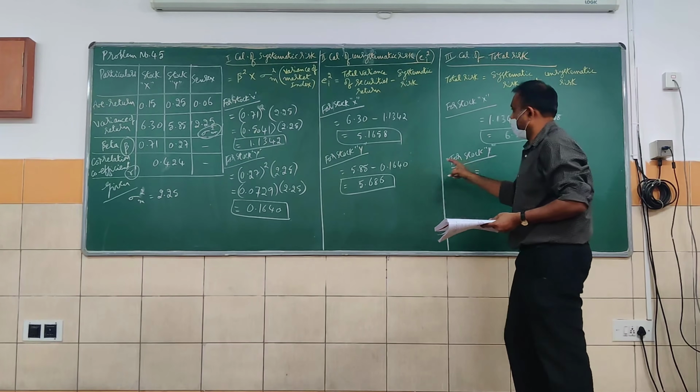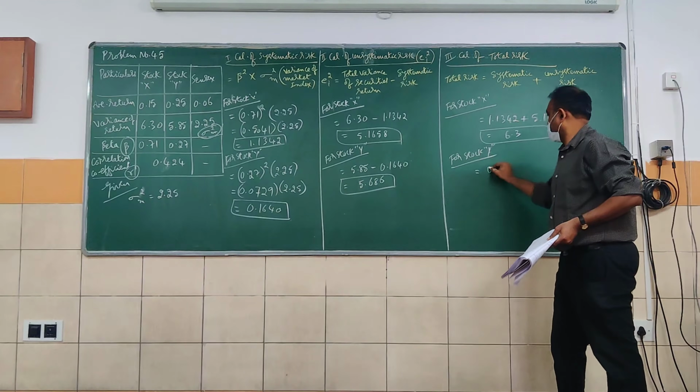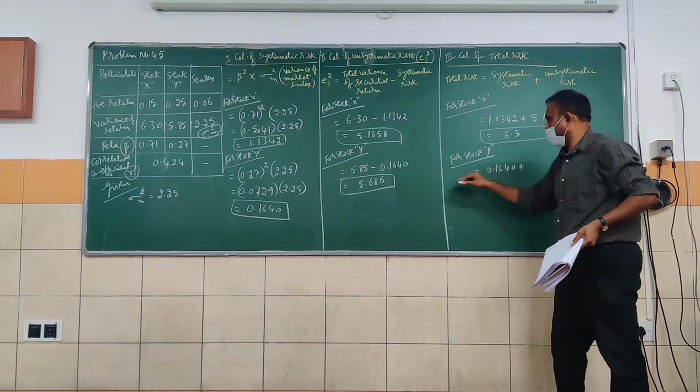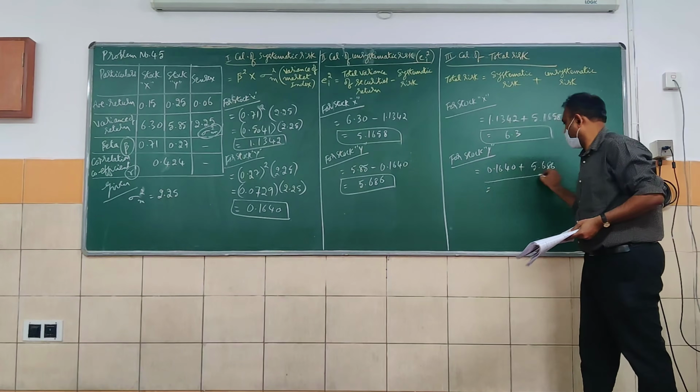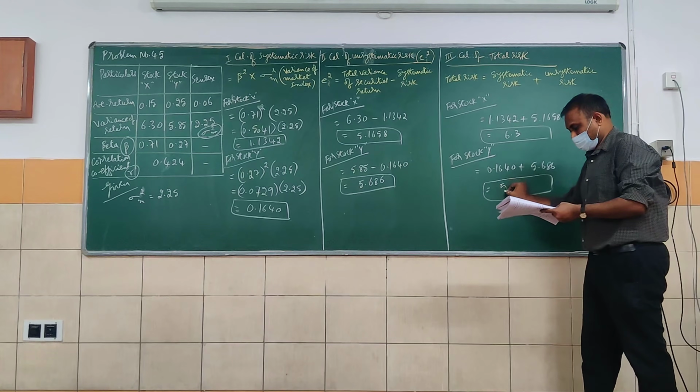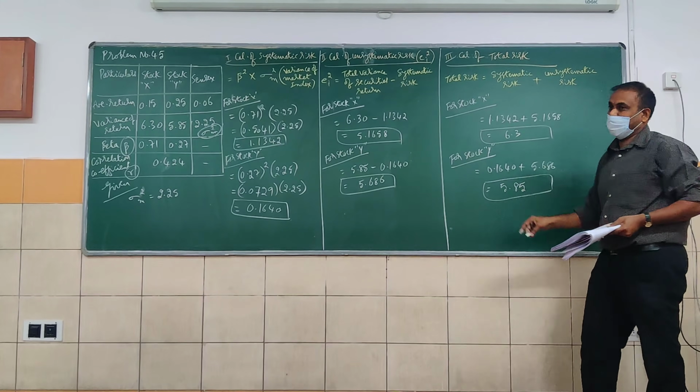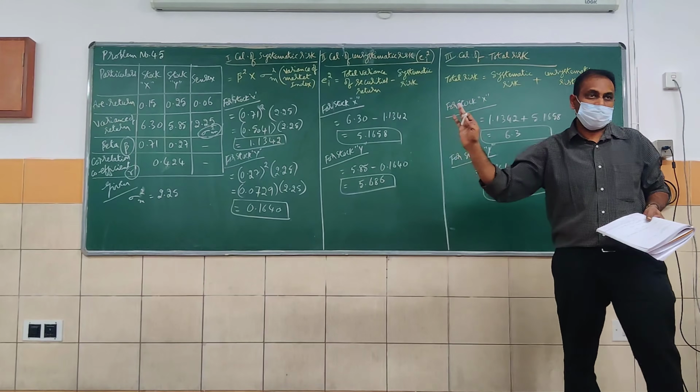For stock Y, 0.1640 plus 5.686 gives 5.85. This is the answer for the first part of the question.